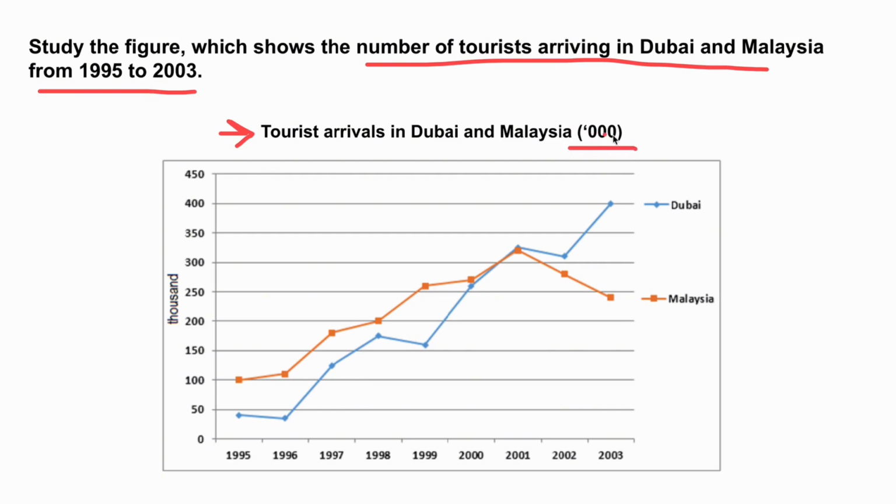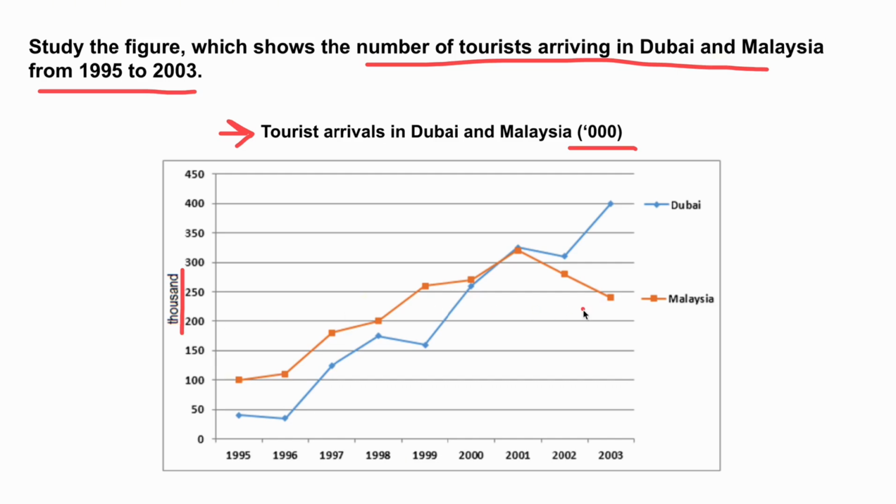Thousands. It repeats itself here, it also tells you it's in thousands in the axis here. Whenever you quote data, make sure the data you quote is in thousands. For example, if you look at Malaysia, in 1995, it's 100. But it's not 100 tourists, it's 100,000 tourists.